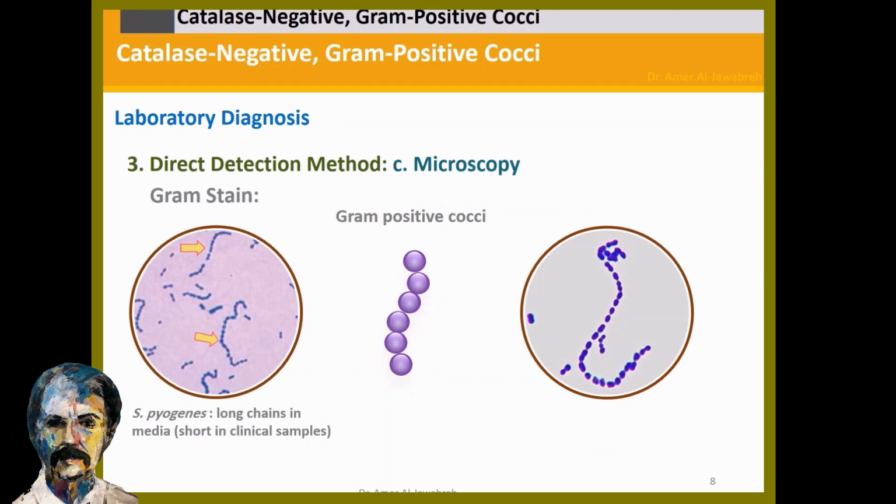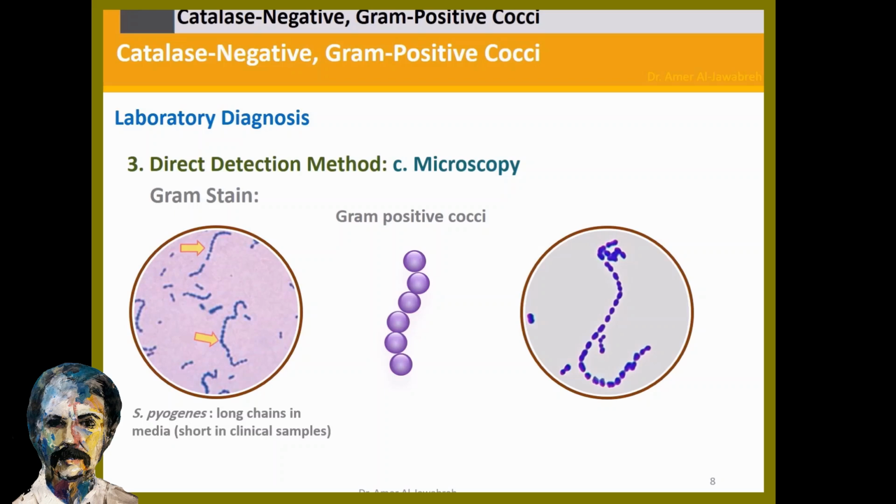A gram stain. This is classical. How would Streptococci appear under the microscope if stained with gram stain? This is how it looks. This is S. pyogenes, and as the word says, strep, which is like a chain of balls.